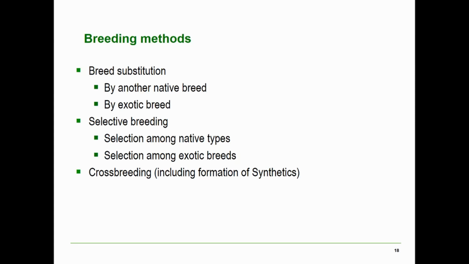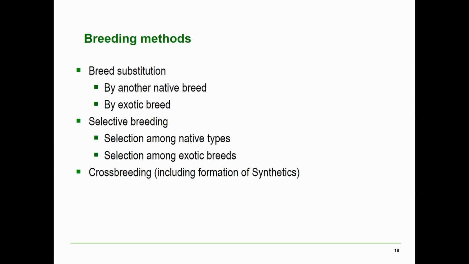If we are implementing a breeding program in Africa, for example, or in a certain country, then a Holstein cattle is an exotic breed because it's coming from outside of the country and is in fact non-native in that environment.